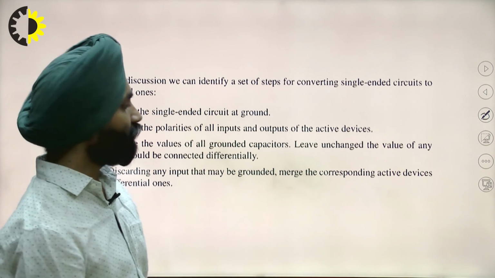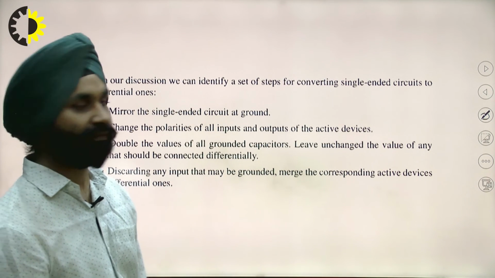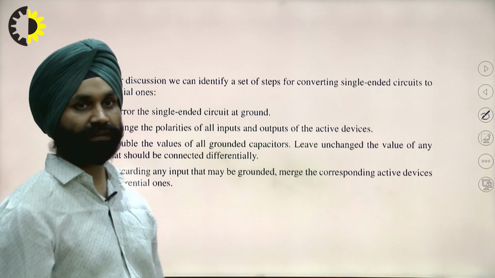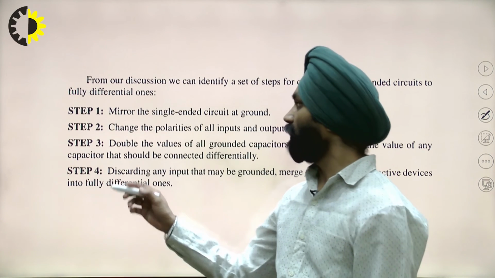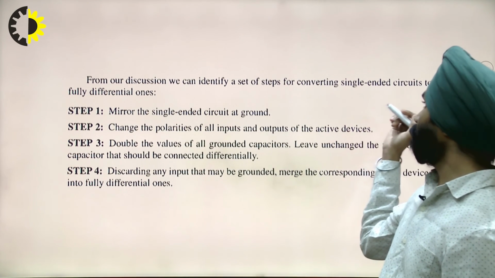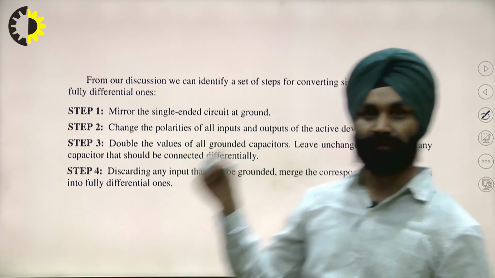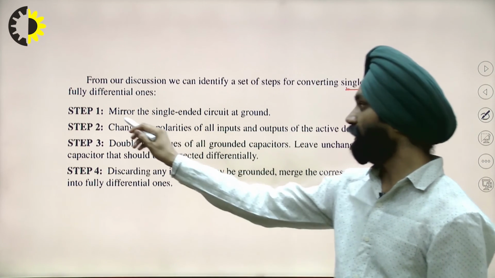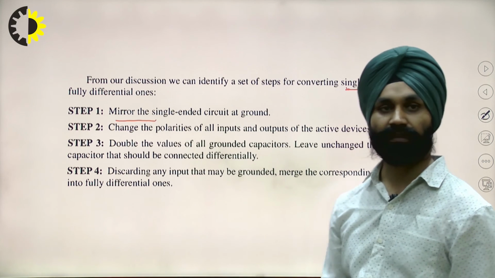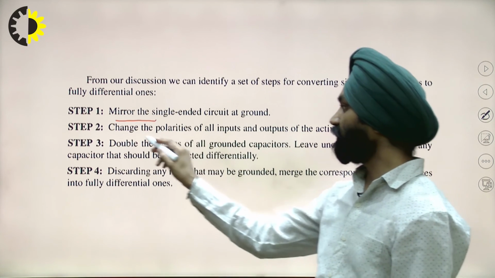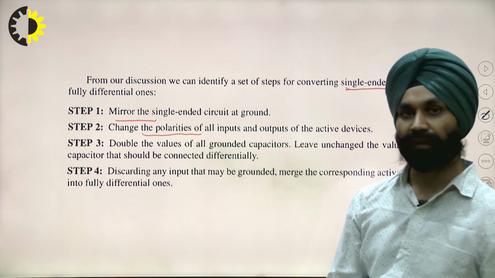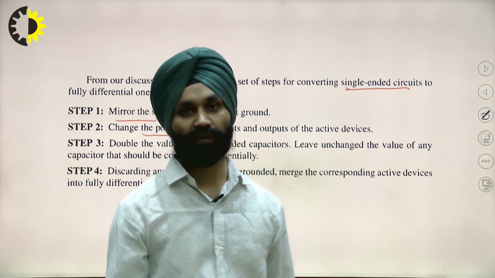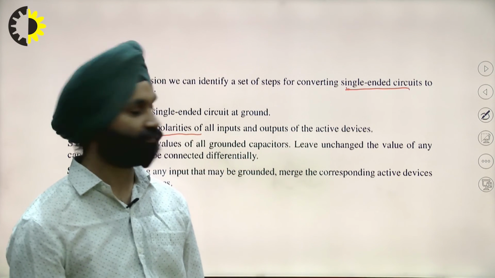So if we go through the steps: first of all, we will take the single-ended circuit. We will take the mirror image of this single-ended circuit, changing the polarities of the input and output so that it will not give any changes.